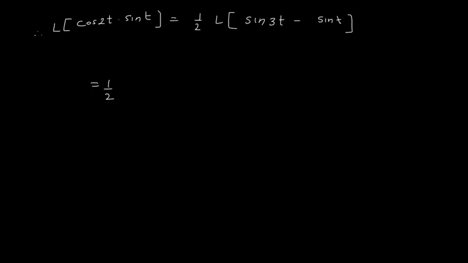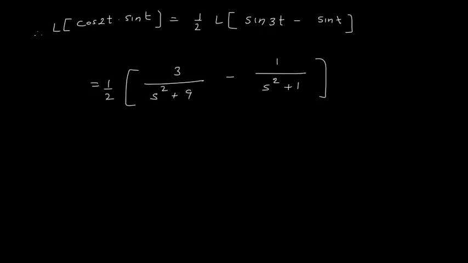Laplace of sin 3t is 3 upon s square plus 3 square, so 3 square is 9, minus 1 upon s square plus 1. So Laplace of cos 2t sin t is 1 upon 2 times (3 upon s square plus 9 minus 1 upon s square plus 1).